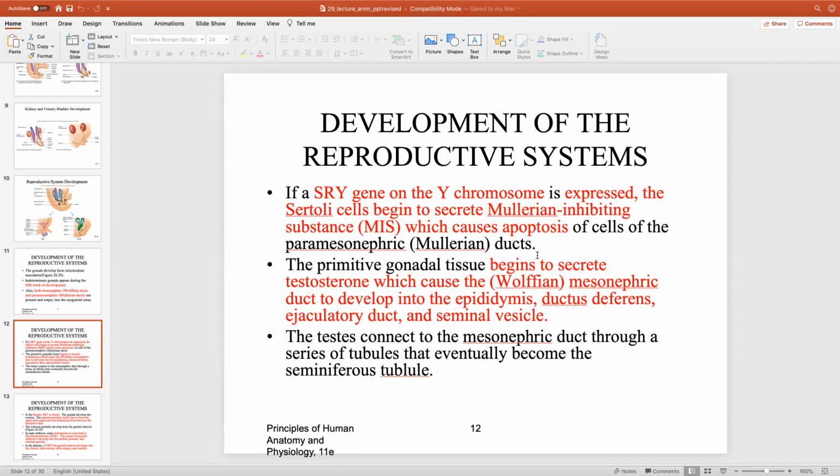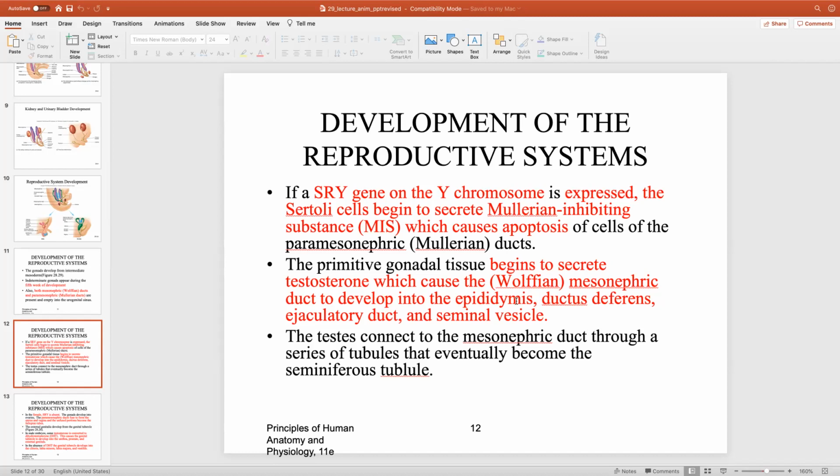Then the primitive gonad tissue is going to start to release testosterone. Testosterone causes the male Wolffian ducts to develop. As they develop, they turn into the epididymis, the vas deferens, the ejaculatory duct, all the other structures required for male sexual reproduction. So again, it is the male Y chromosome that actually starts this whole process.